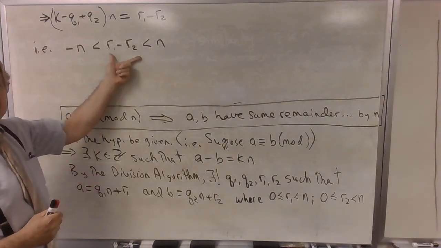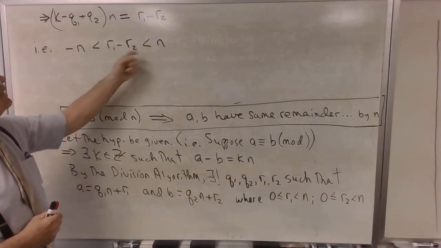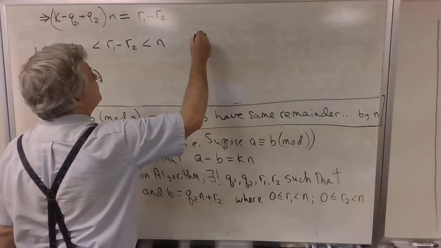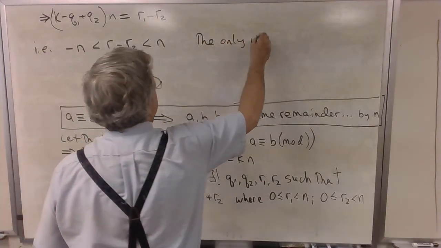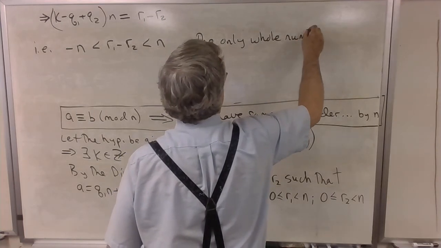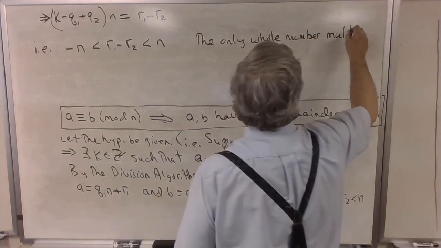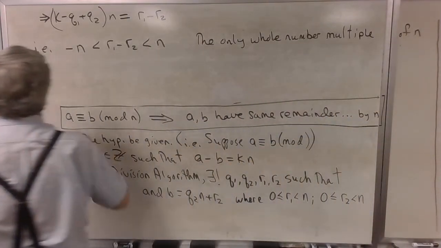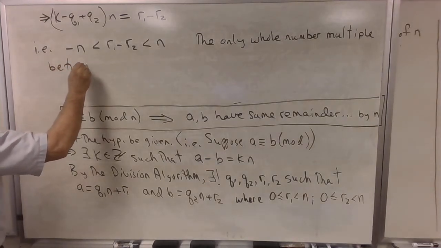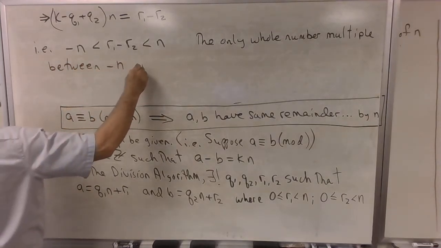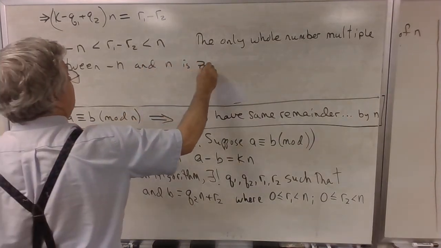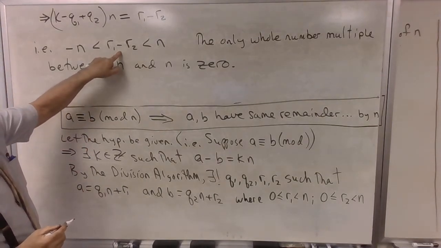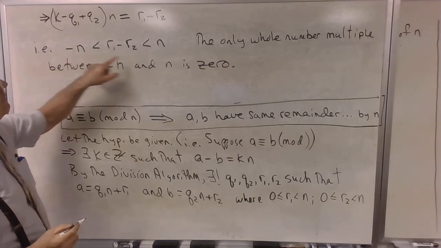But the only whole number multiple of n between -n and +n is 0. So we have a whole number multiple of n between -n and +n.